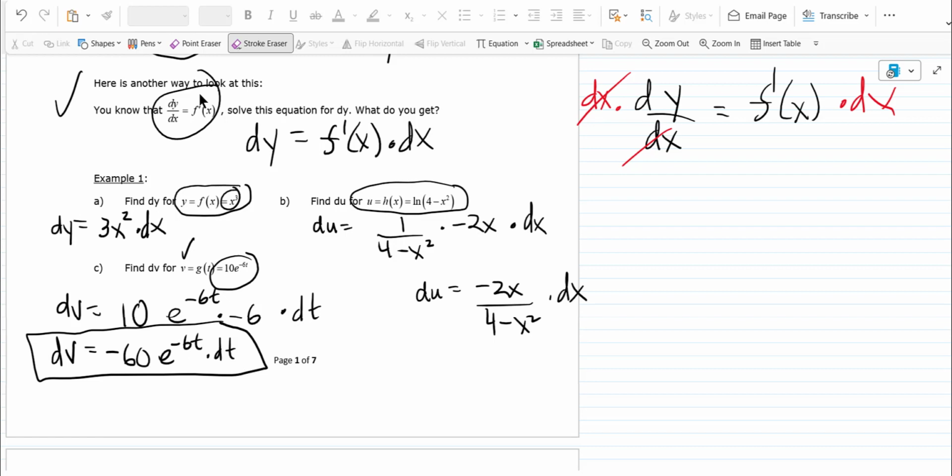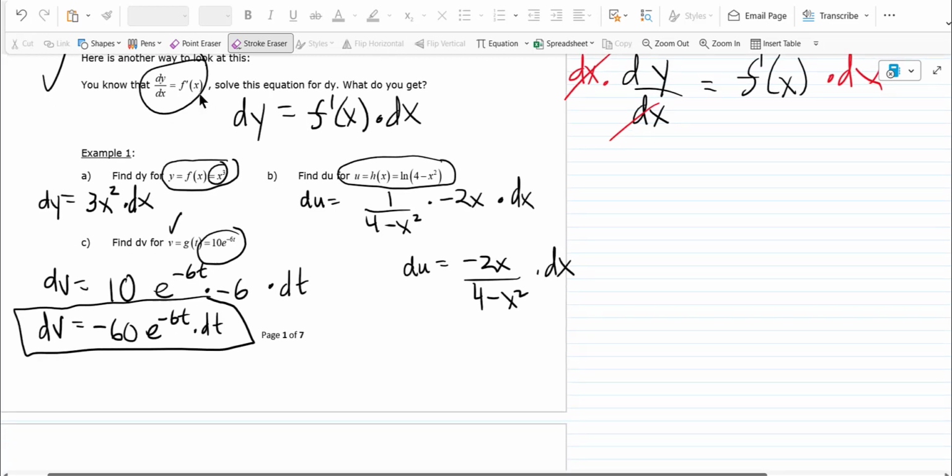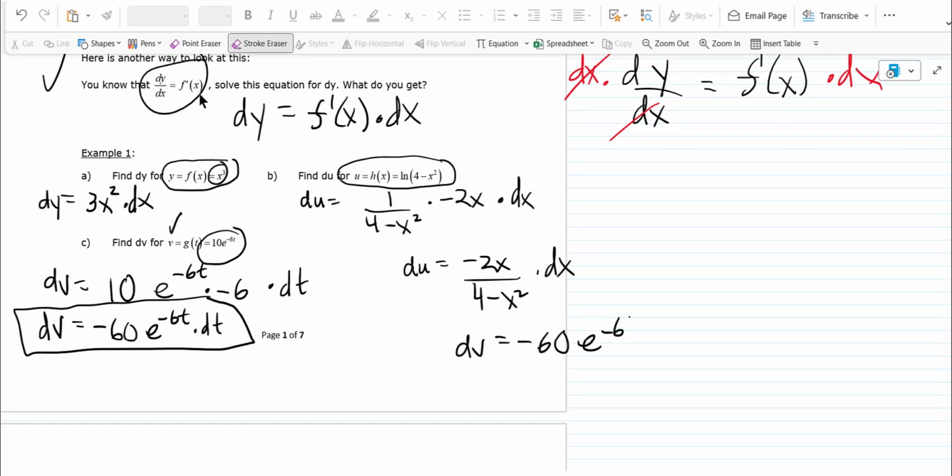Okay, and let me show you something on this. You don't have to write this down, but maybe to help you understand this a little bit better. What we're doing is not hard, but if I divided both sides by dt, all I'm going to get is what you're used to seeing anyway. You're going to get the derivative dv with respect to t is equal to that derivative.